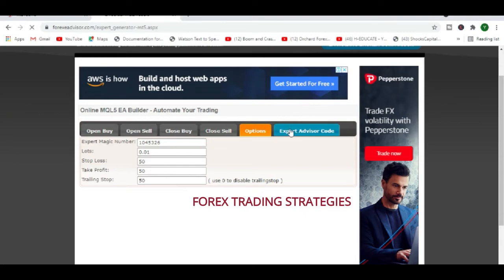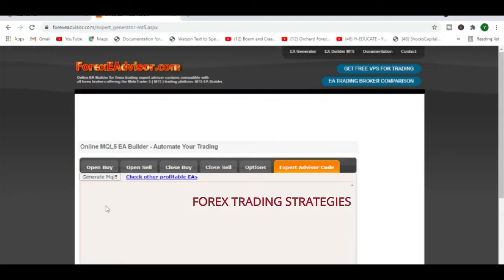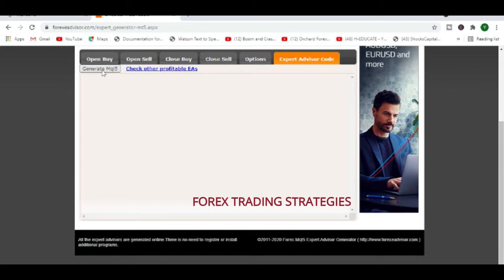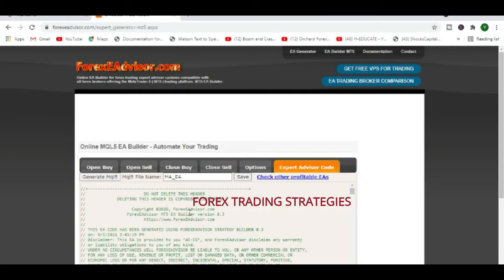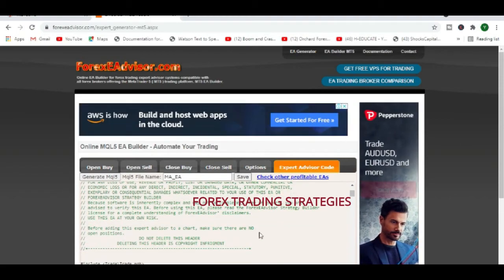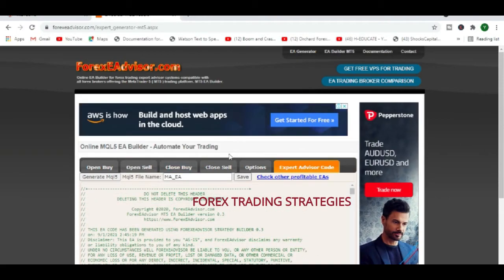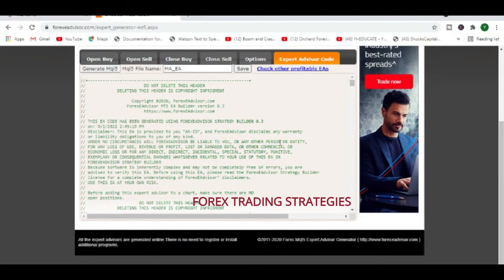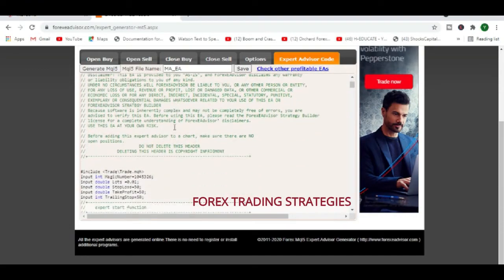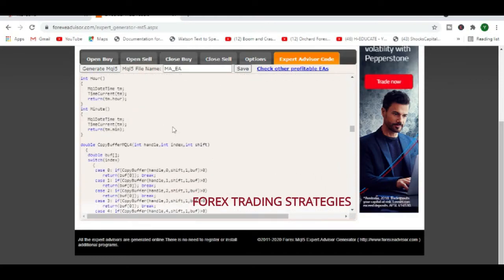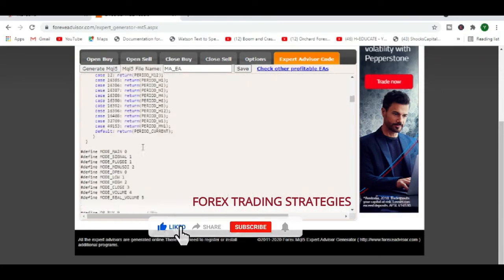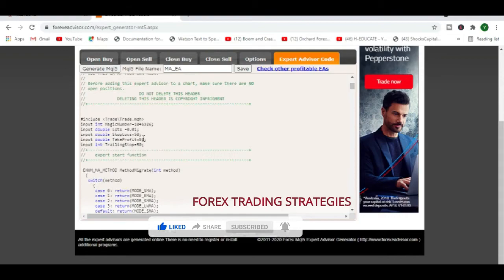Then the final thing is you come here and you click on generate MQL5. There is our robot, and because we are not coders, we don't care about all of this. But trust me, there's a lot of junk code that's in here.